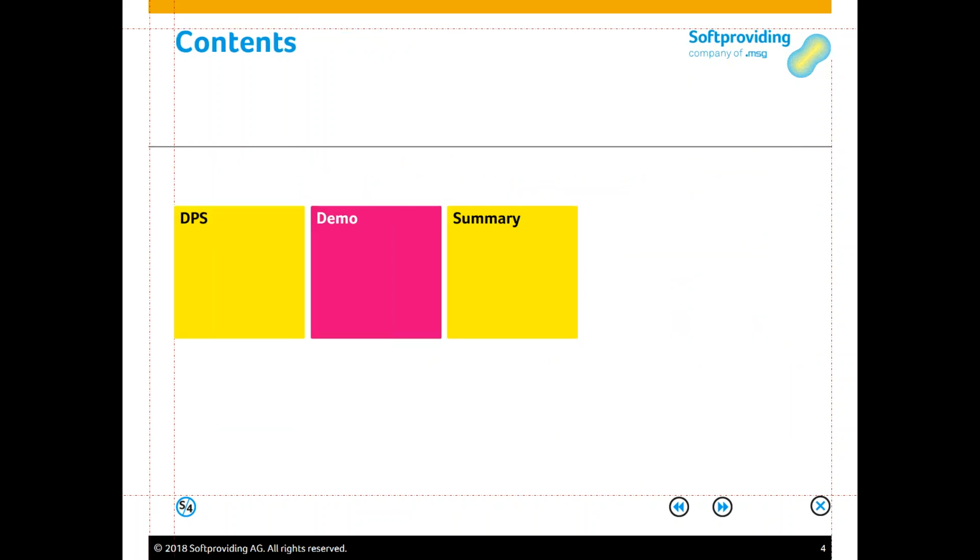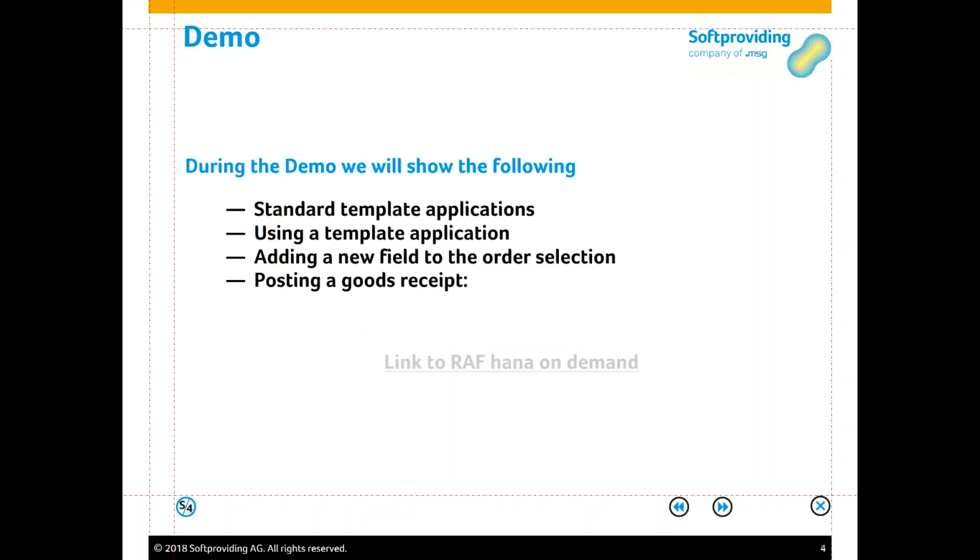Let's see how the system is working. First of all, I will show you which standard template applications we are delivering with this tool, simply to have some examples or templates that you can use and make some customer-specific arrangements.